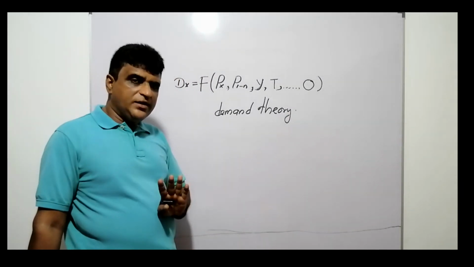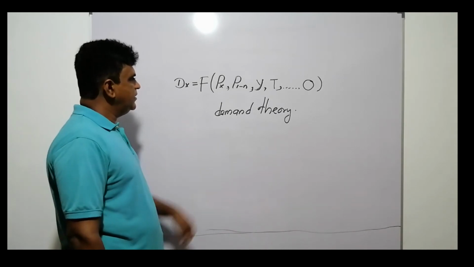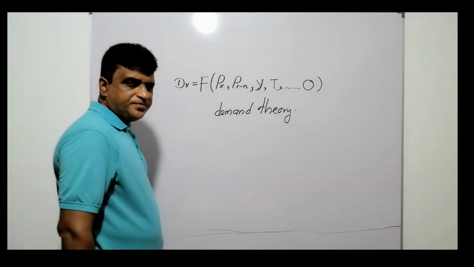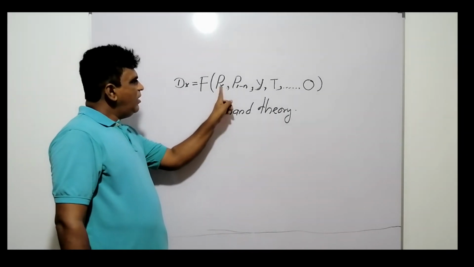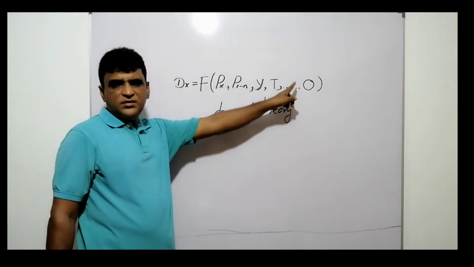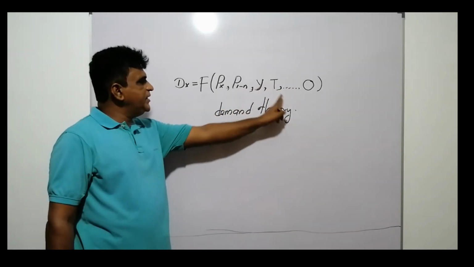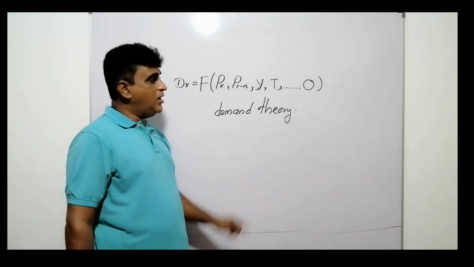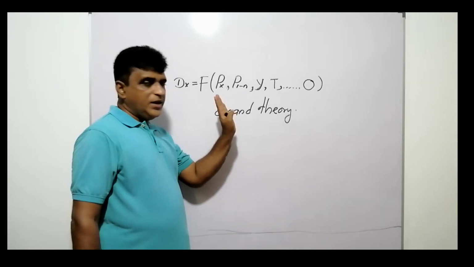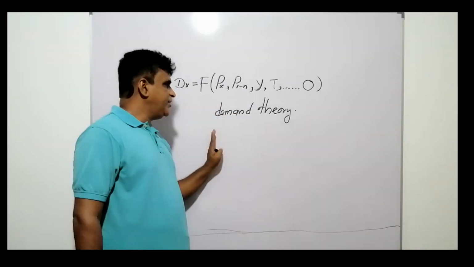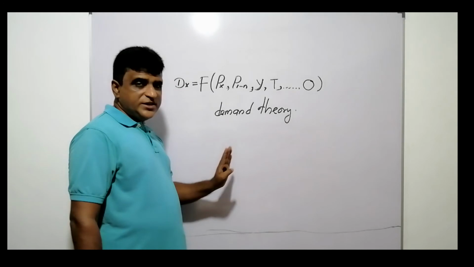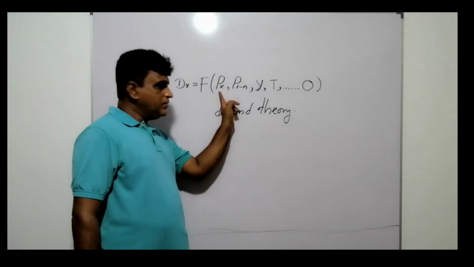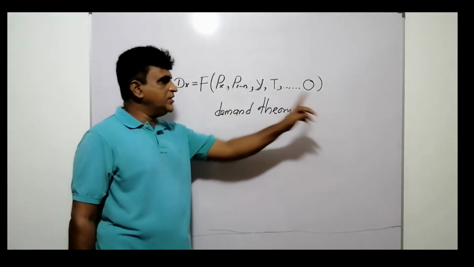What is this theory? Demand theory says, out of all these factors, all other determinants of demand are constant, only the price is changing. That is the assumption of demand theory. Price is changing. All other factors are constant.